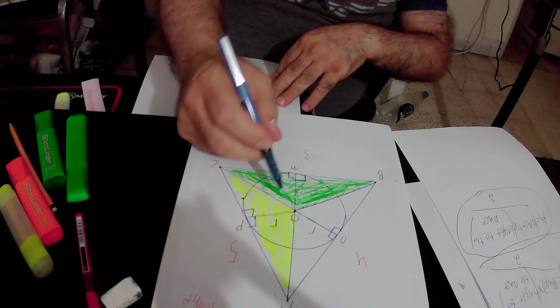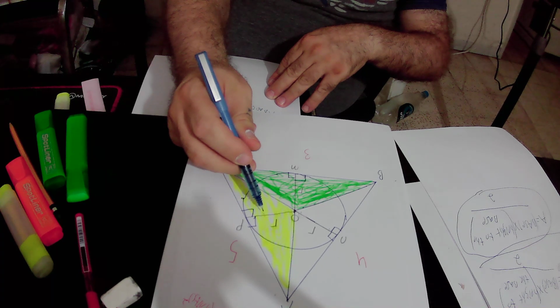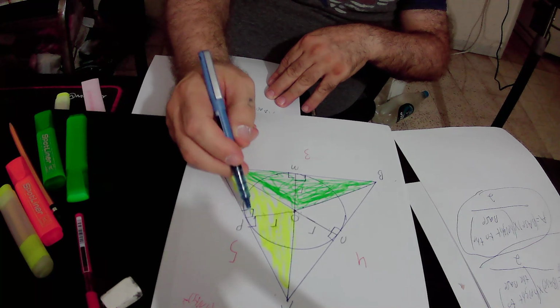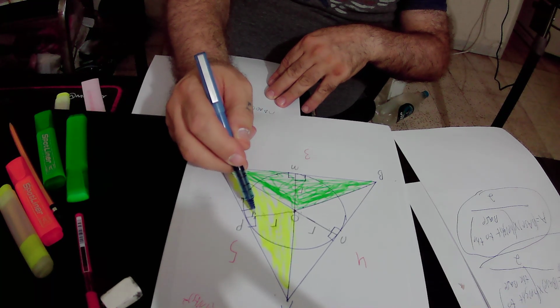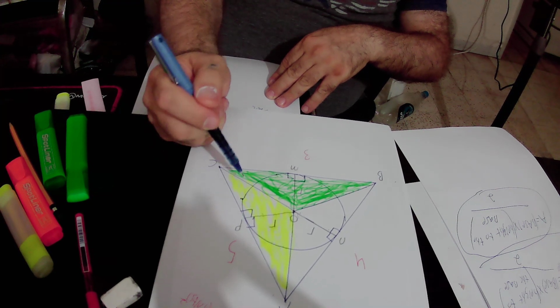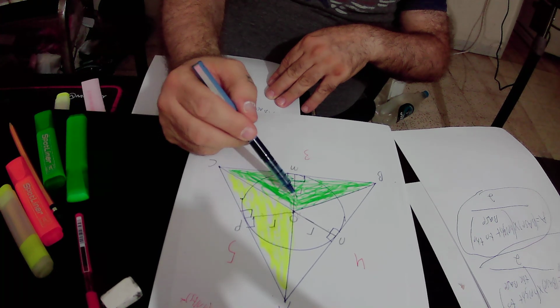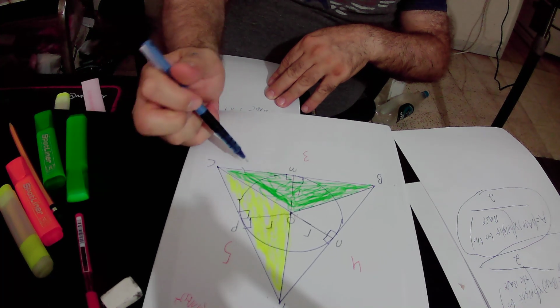Again, the height of the triangle always creates 90 degrees with its base, and the radius creates 90 degrees with the base AC, because angle OPA equals 90 degrees and angle OPC equals 90 degrees.